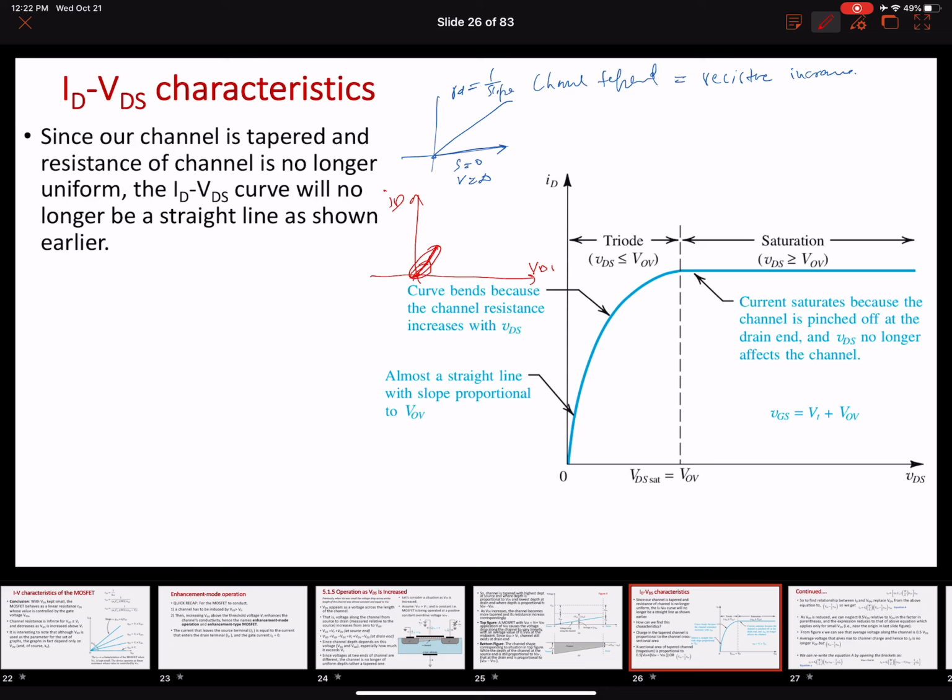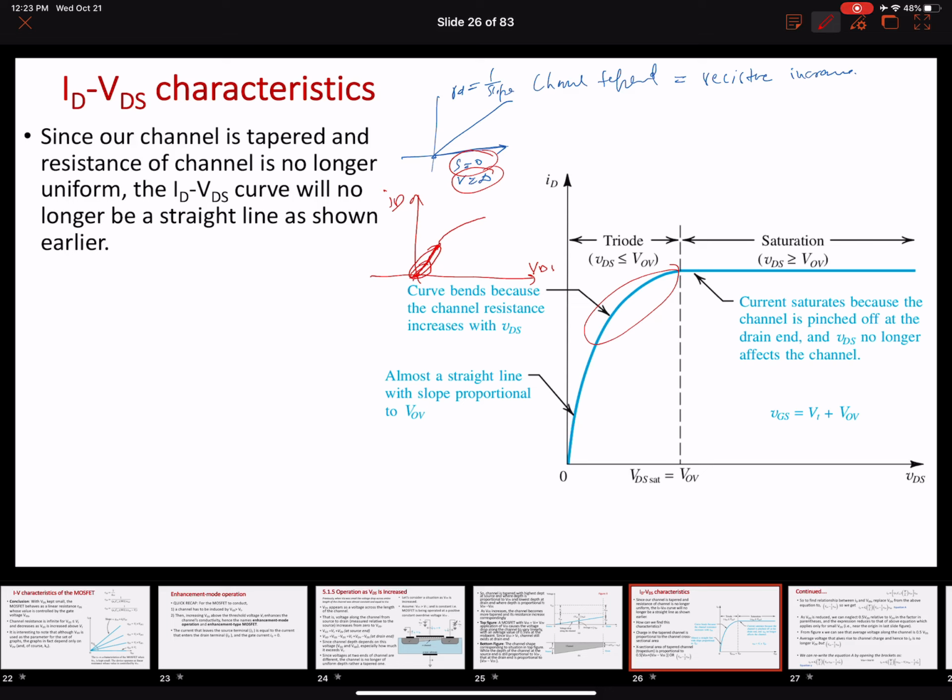But as soon as VDS sufficiently starts to make an impact and taper the channel, the resistance starts to increase. If the resistance increases, this means the slope will start to decrease. So the curve starts bending over, right? This is the gradual decreasing of the slope, or gradual increasing of the resistance of the channel.